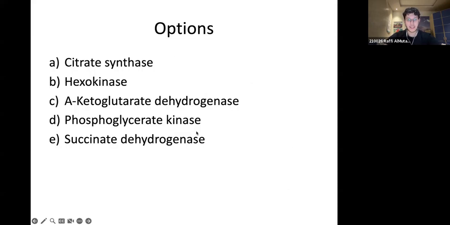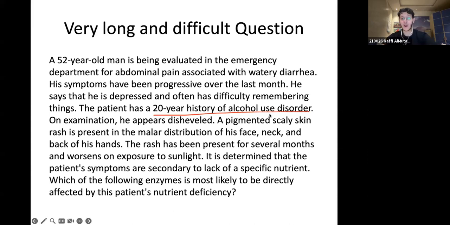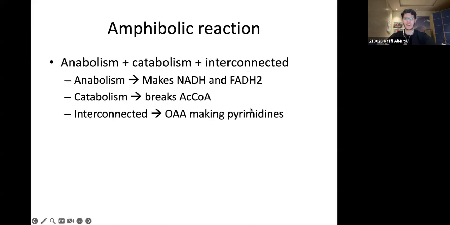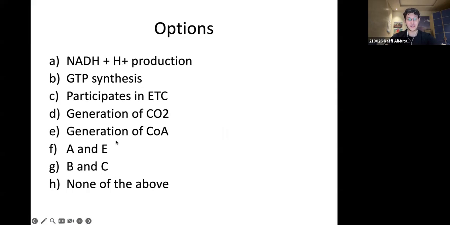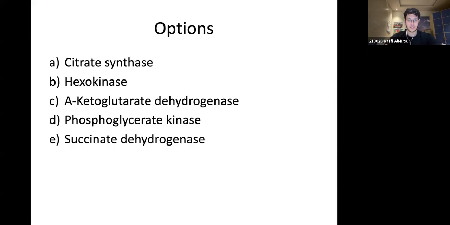The reason being, the alcohol use disorder and the other symptoms, the dermatitis and alcohol use disorder, go more with either B1 or B3 deficiency. Because like we said earlier, B1 and B3 deficiency are associated with alcohol. So they're more likely to be that.